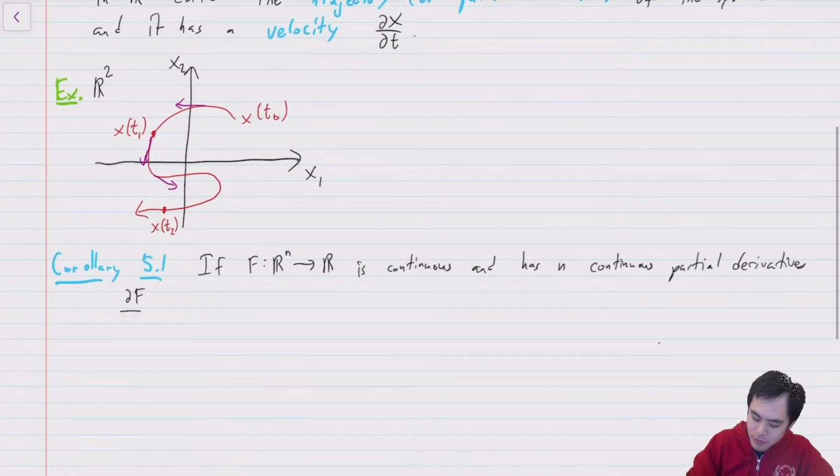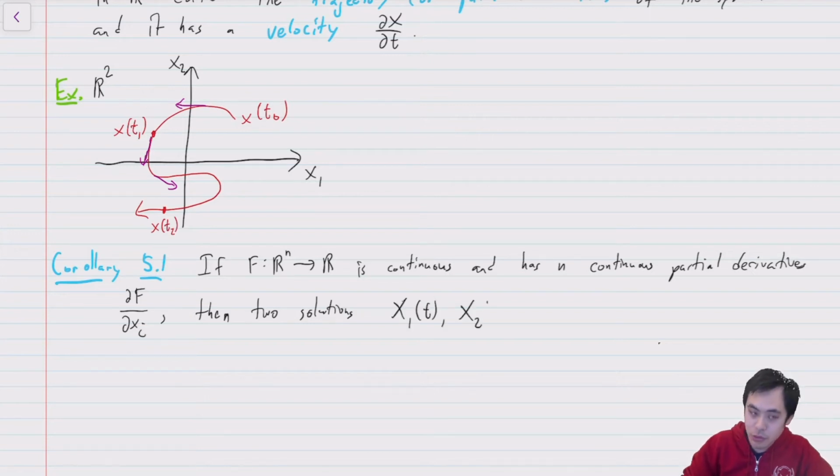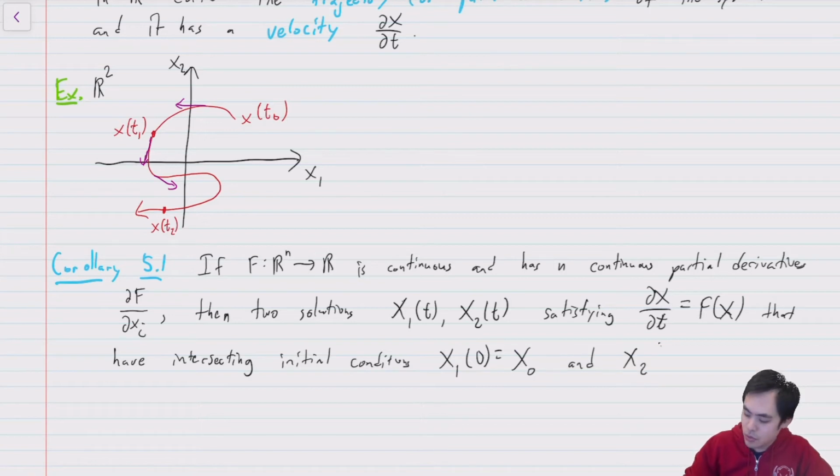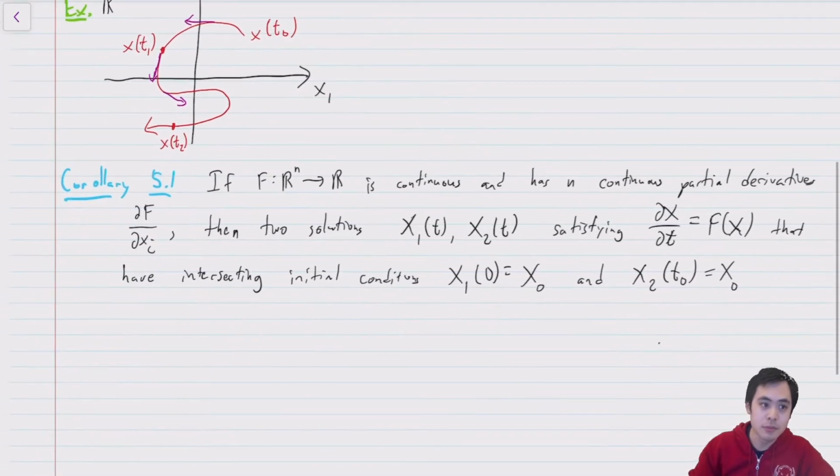df/dx_i, then two solutions, so if we have two different solutions satisfying different initial conditions, two solutions x1 of t and x2 of t satisfying dx/dt equals f of x that have intersecting initial conditions, where x1 of 0 is equal to x naught and x2 of some other t naught not equal to 0 is equal to x naught, then the two solutions must be translations of each other.